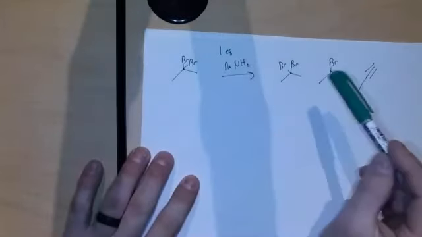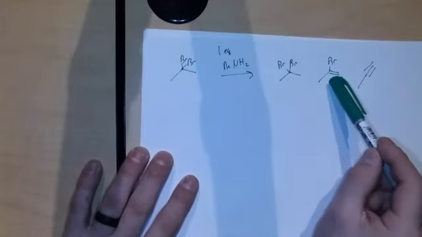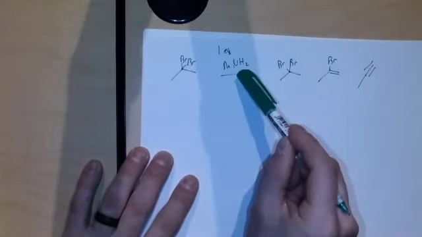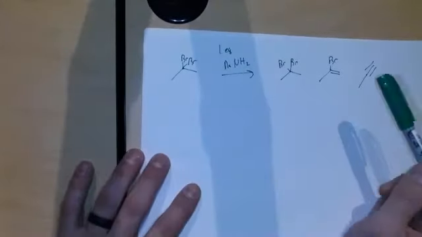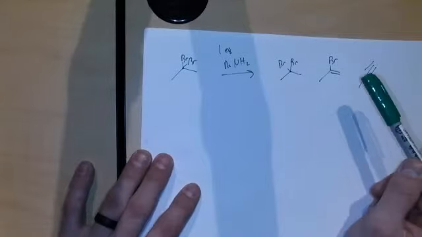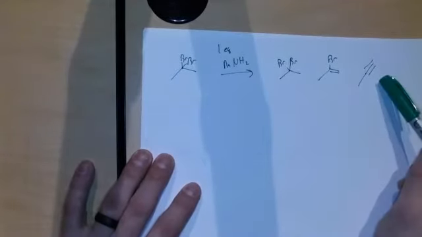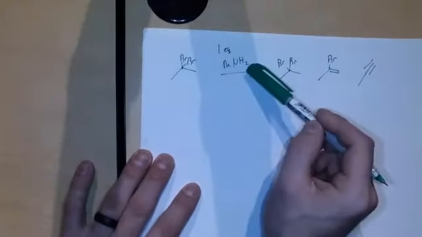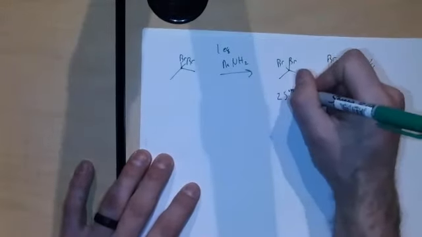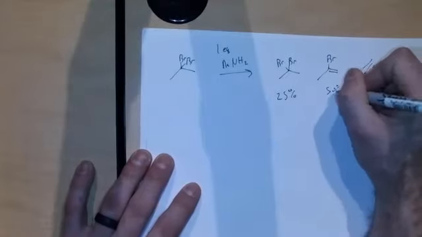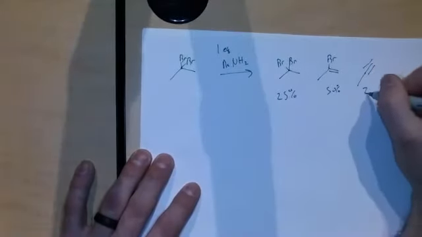So when you make one of these, this can then react with this. So you're probably going to end up with somewhere between a third of all 3 of these, because you're going to run out of this after a while. Actually, I think you end up with like 25%, 50%, and 25%, something like that.